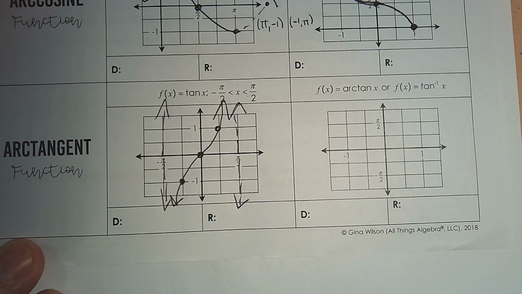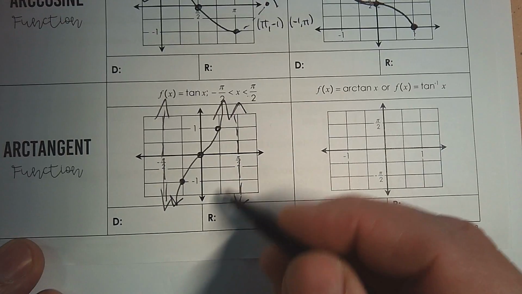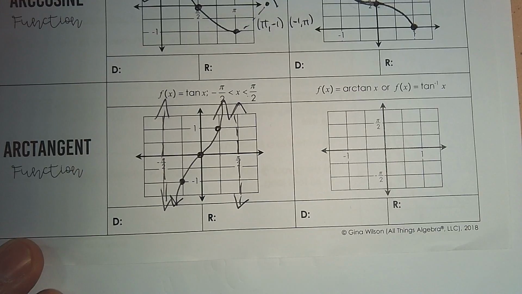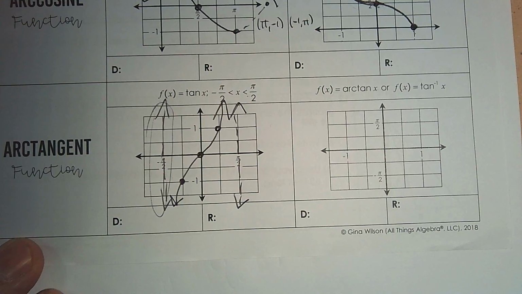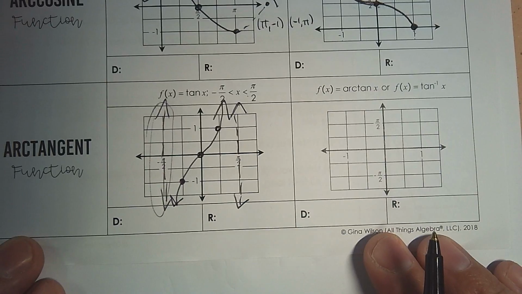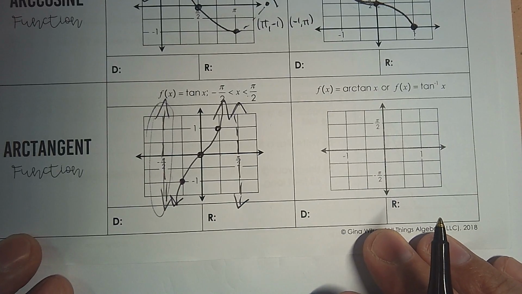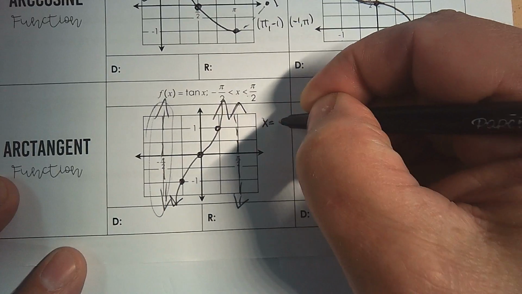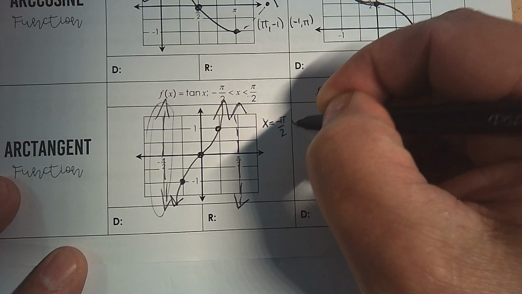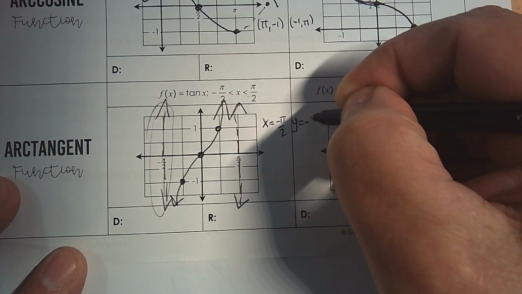We are going to inverse this graph. So first, I'm going to understand, do you see these asymptotes? Those are vertical. Do you know what happens when you inverse something vertical? It now becomes horizontal. So no longer is it at x equals negative pi over 2. It's now at y equals negative pi over 2.